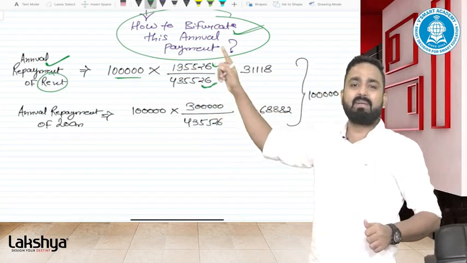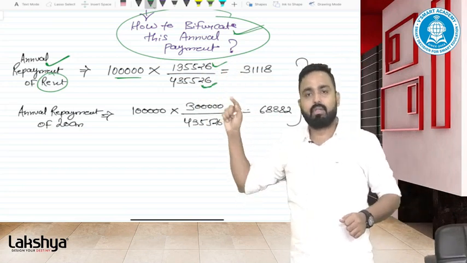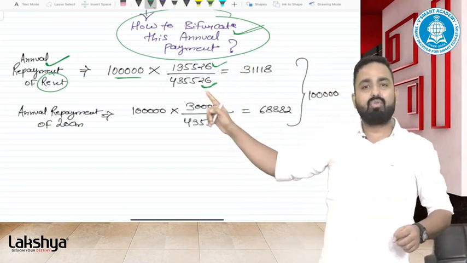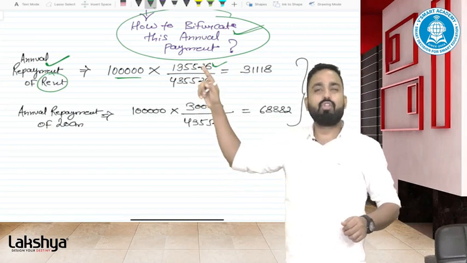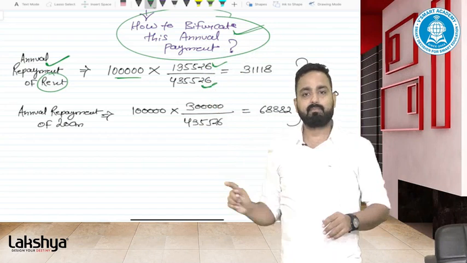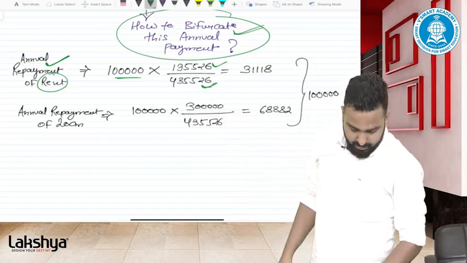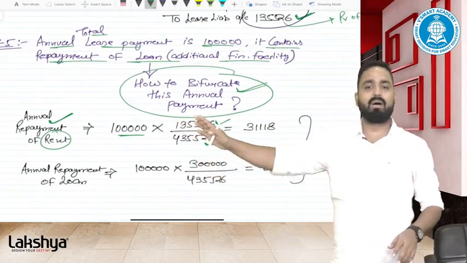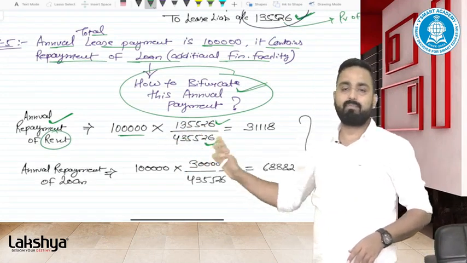So the 1 lakh has been subdivided into two parts. Total present value in the denominator, and in the numerator the present value of the specific lease rent. Okay, so this is working note number 5, how to bifurcate every year's payment into two portions.